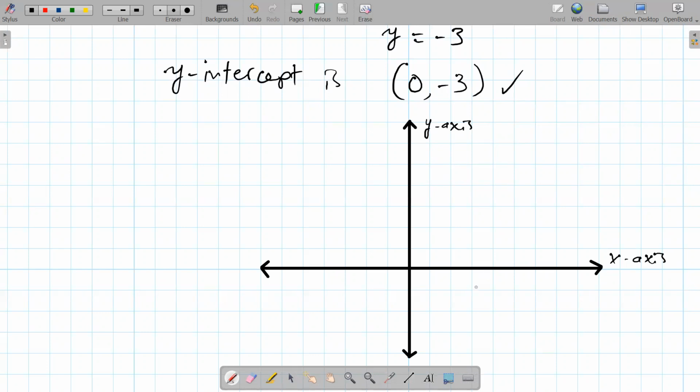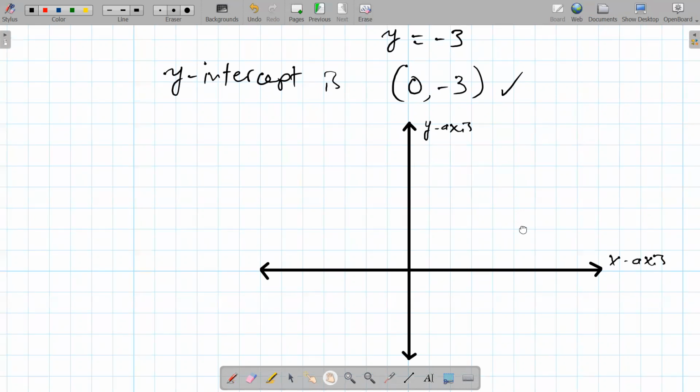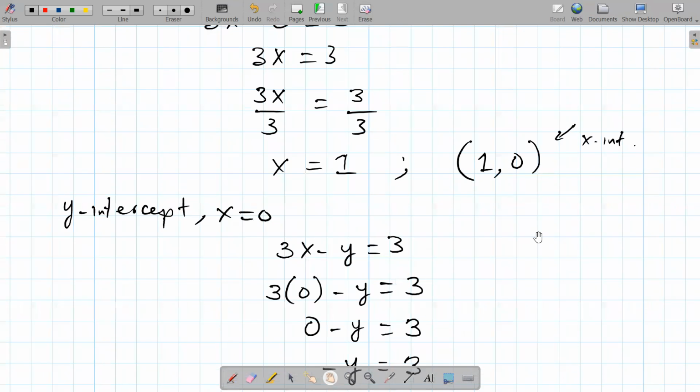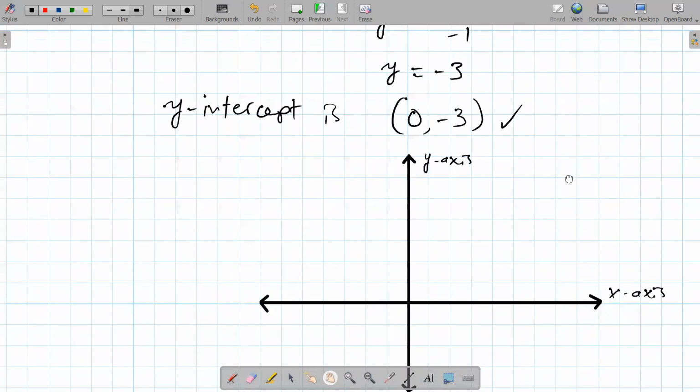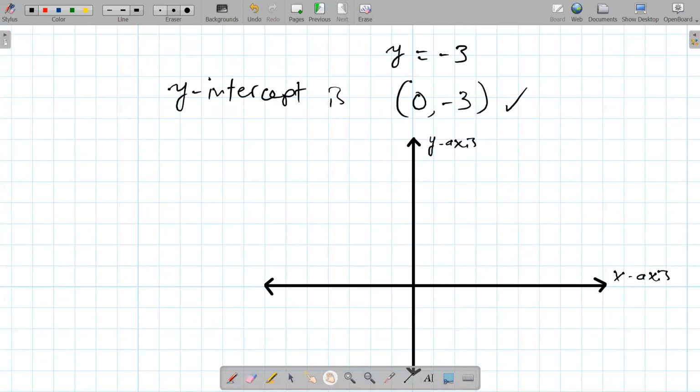Now, we got 2 points or 2 ordered pairs out of our intercepts. The first one we had was, if I scroll a little bit, 1, comma 0 as our x-intercept, and then the other pair, 0, comma negative 3.